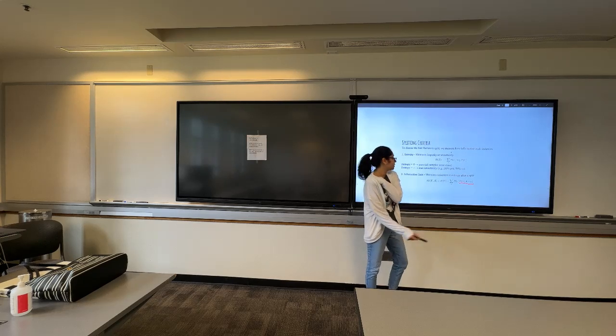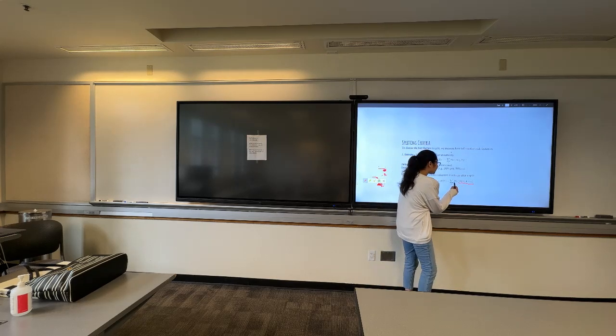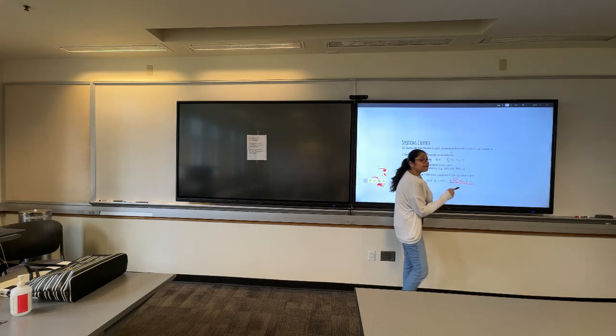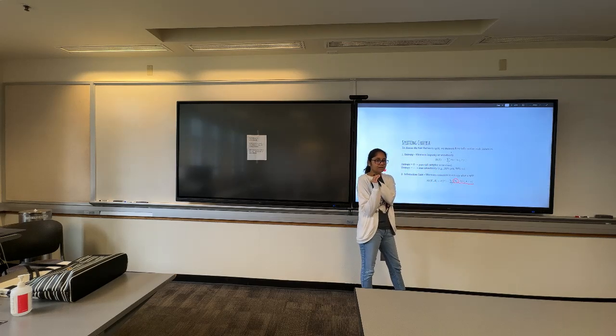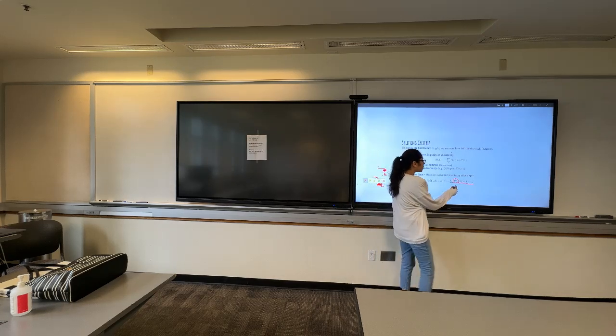Now we'll have to find the probability of each individual item happening: probability of rainy, probability of overcast, and probability of sunny. Then we multiply and sum it up.